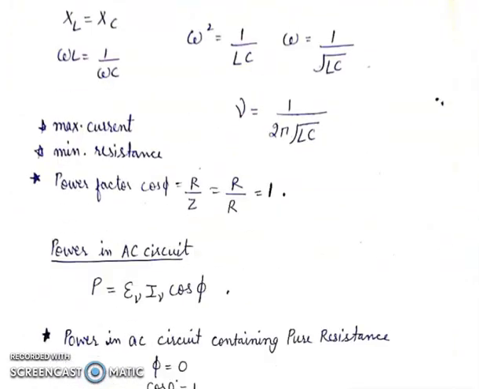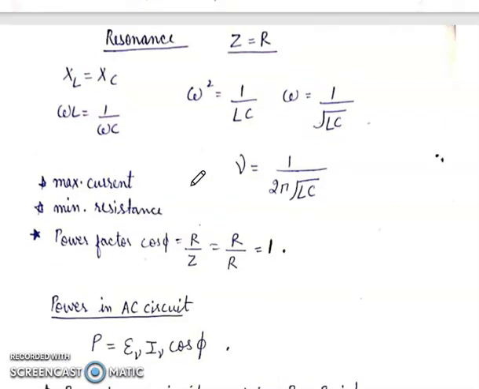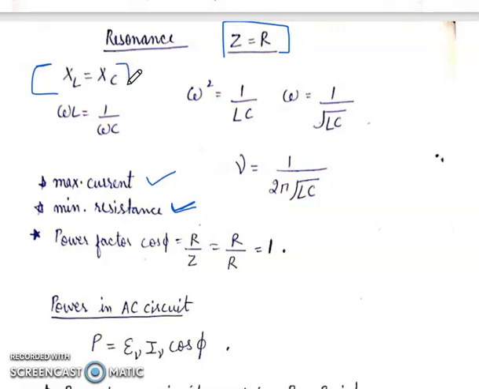Next is resonance. At resonance, current will be maximum, resistance will be minimum, and that minimum resistance will be equal to R. So at resonance, Z is equal to R, XL is equal to XC. It means that inductive reactance and capacitive reactance are equal.